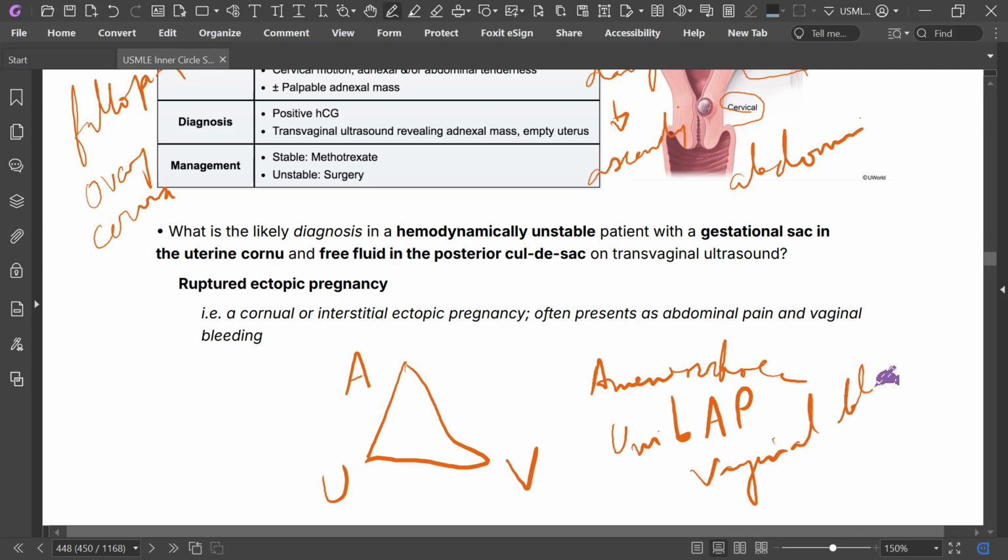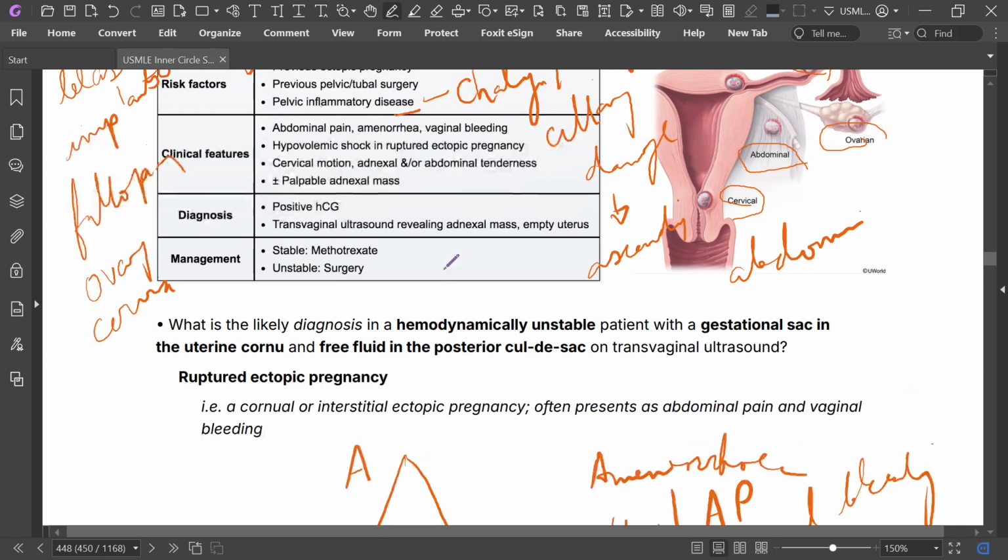These three things are present in ectopic pregnancy. So the classic triad of ectopic pregnancy is amenorrhea, lower abdominal pain, and vaginal spotting in the setting of a positive pregnancy test.